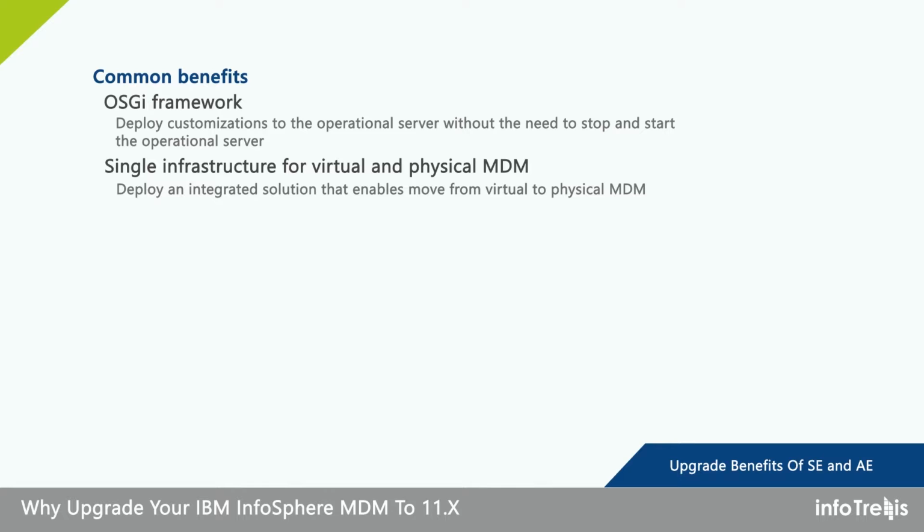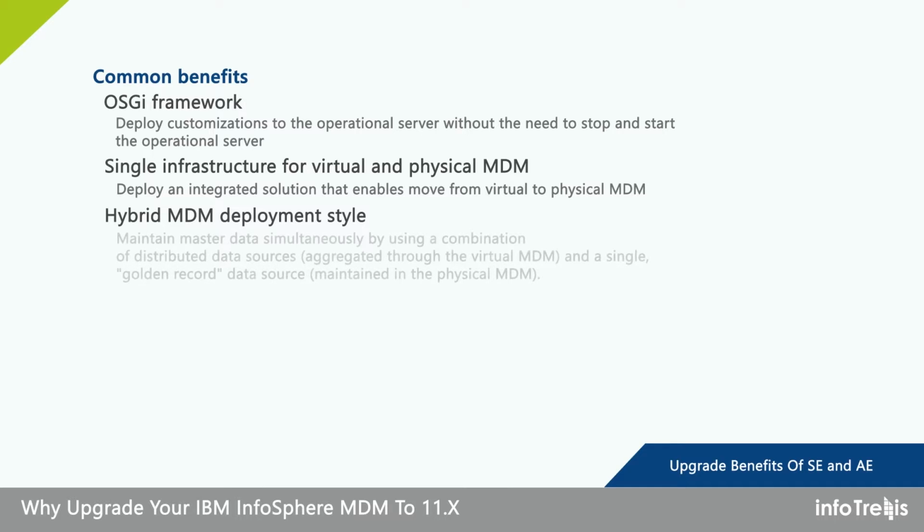Therefore, both virtual and physical MDM are available in a single infrastructure, which enables seamless migration between virtual and physical MDM wherever the customer intends to do so. Since Advanced Edition allows customers to master their data simultaneously using a combination of distributed data sources aggregated through virtual MDM, a single golden copy of data is maintained in the physical MDM. This supports the best of both worlds available in a single place.